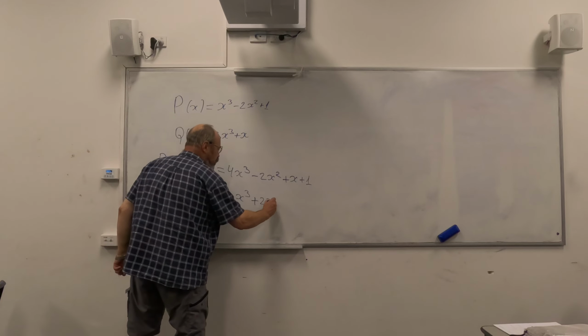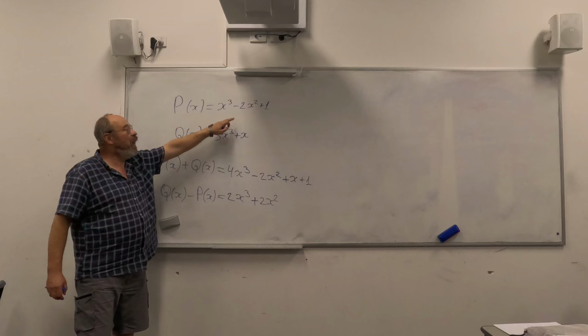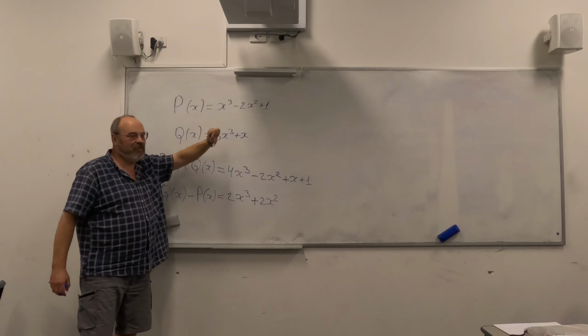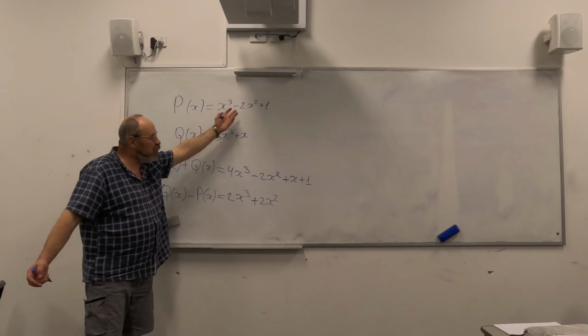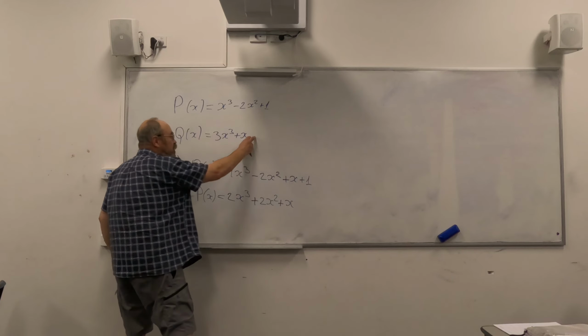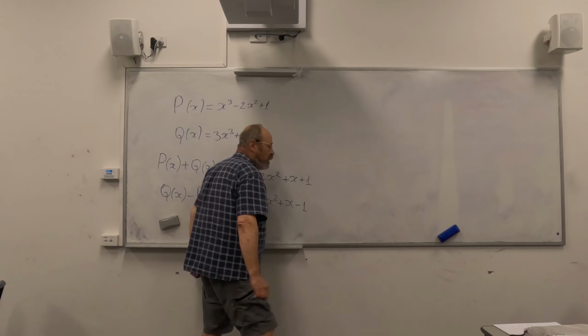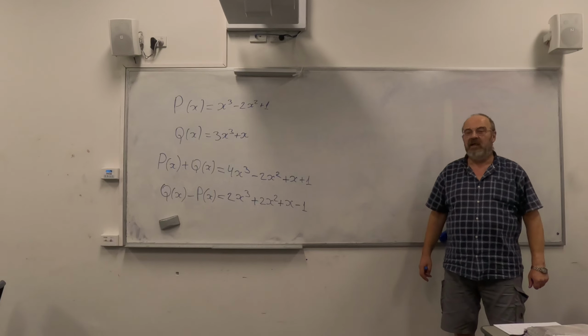Then we have x minus 0, which is x, so plus x. And we have 0 minus 1, which is minus 1. So that will be the result of the subtraction. Make sense? Yes, that makes sense.